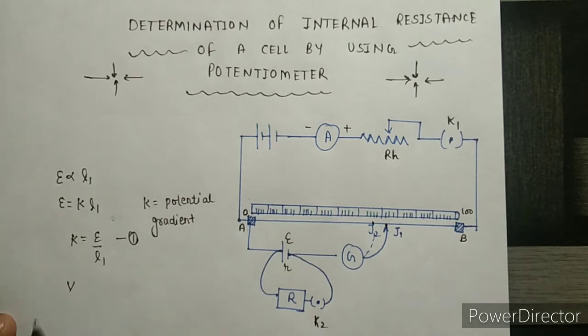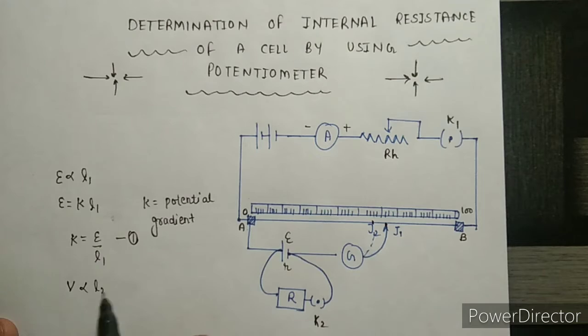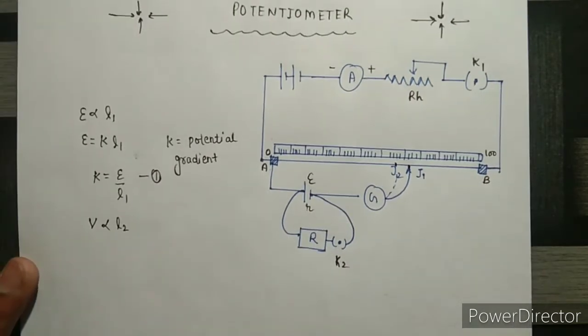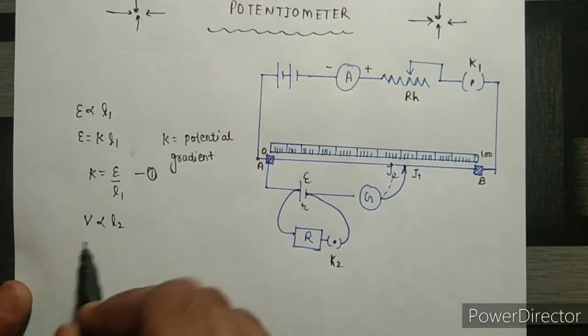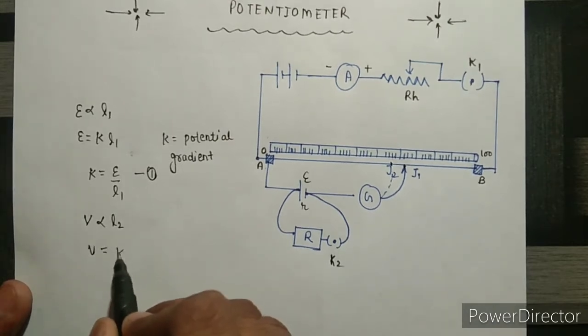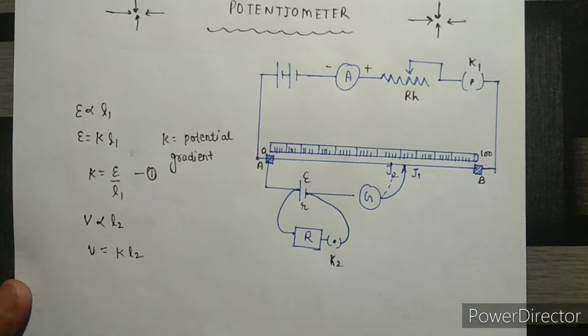Suppose the terminal potential of this cell is V, so V is directly proportional to L2 according to the principle of potentiometer. Now V is equal to K L2, where K is the potential gradient.